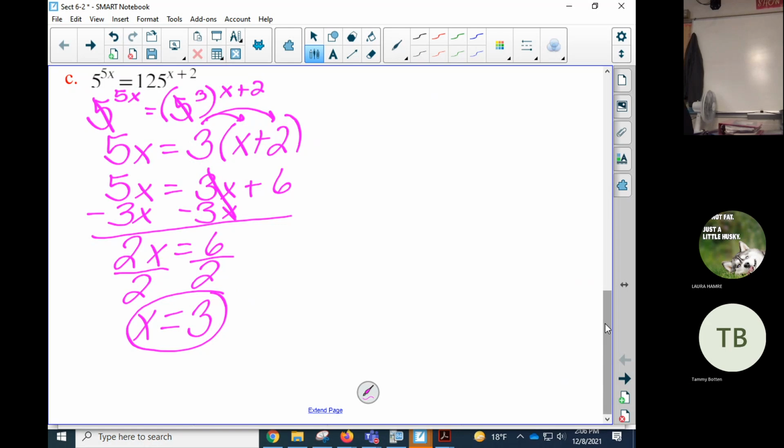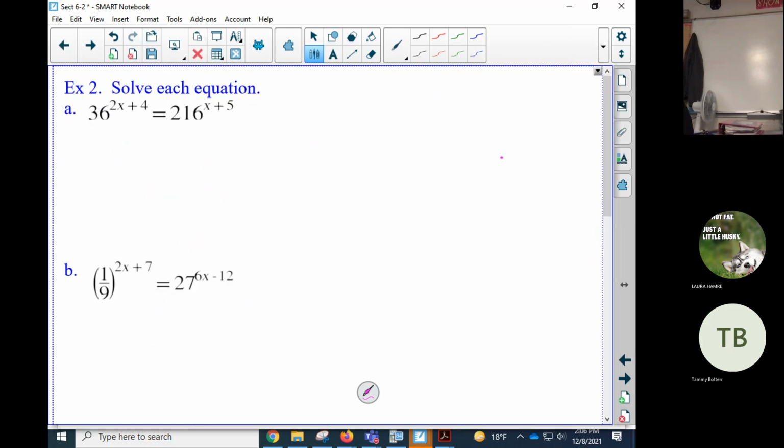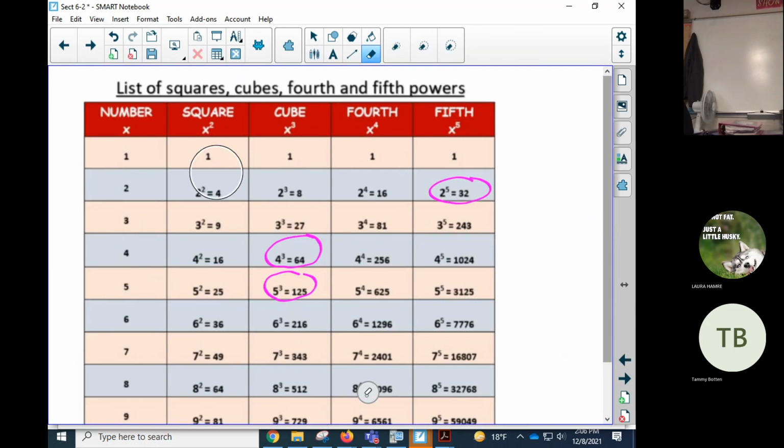Okay. Then, if we go to this page, I think you guys would know with this one. Actually, no, we can do this one. 36 and 216. Do you see a 36 and a 216 in the same row? 6. Yeah. 36 and 216.